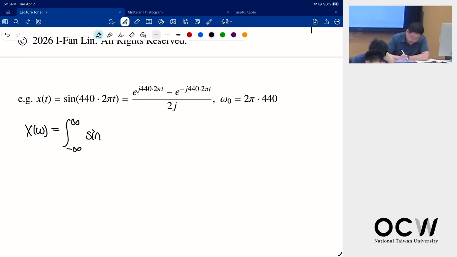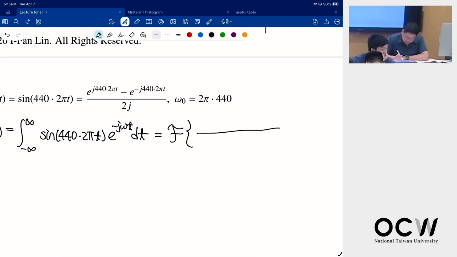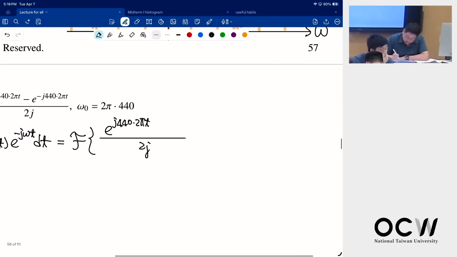So here we have sine of 440 times 2 pi t, which is equal to the Fourier transform of e to the j 440 times 2 pi t minus e to the minus j 440 times 2 pi t.